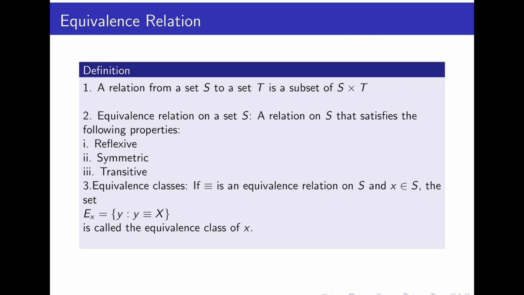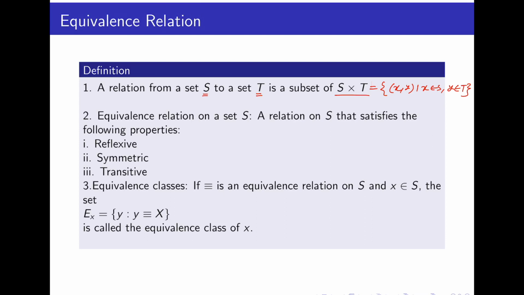Okay, first of all, a relation from a set S to a set T is a subset of S cross T. So S cross T will be the ordered pairs (x, y) such that x belongs to S and y belongs to T, correct?